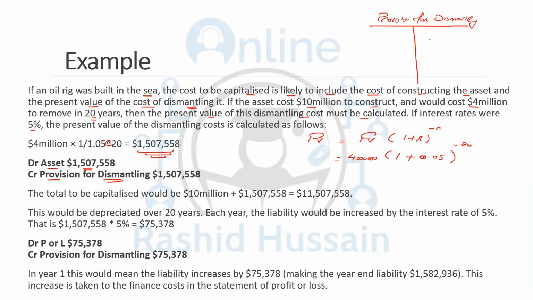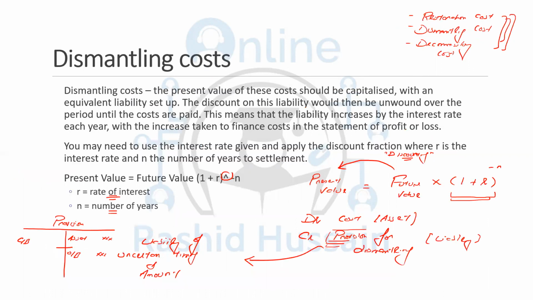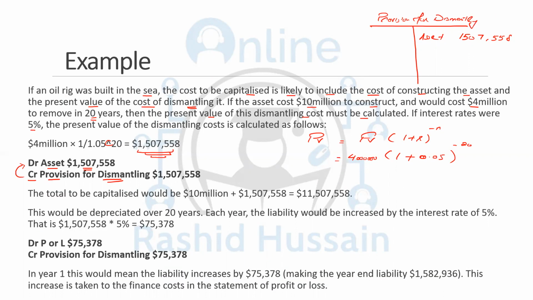The provision for dismantling account is being debited due to the asset. You know how to put the entry into the account. This is a provision account which is going to be credited, and we give the reference of the debit entry in the account. So debit asset, due to asset, 1507558. This is the first concept which I've already told you, how to calculate the present value.